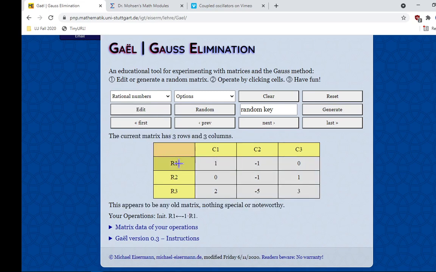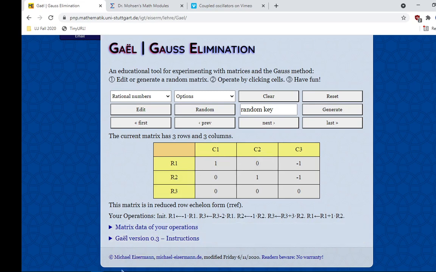Standardize by dividing by that: take this, target that, make this into a 1 by dividing by itself, use this as a pivot. You can use this to erase the one above it as well. So what we got is very clean: 1 0 -1 0 1 -1, and then the last row is all zeros.